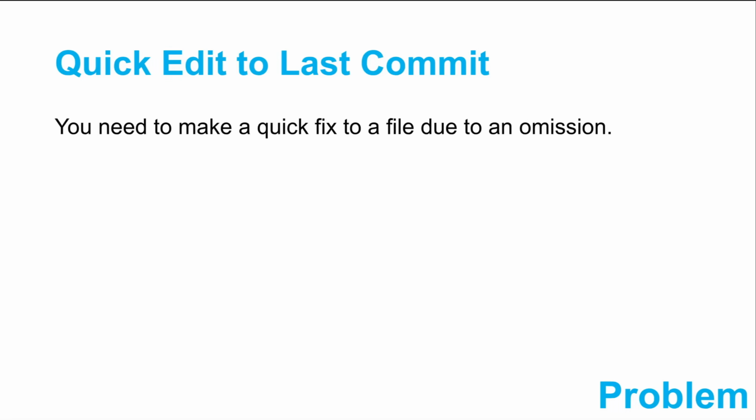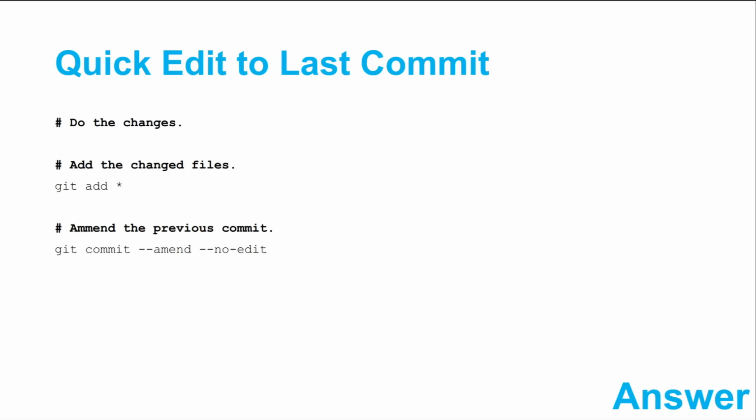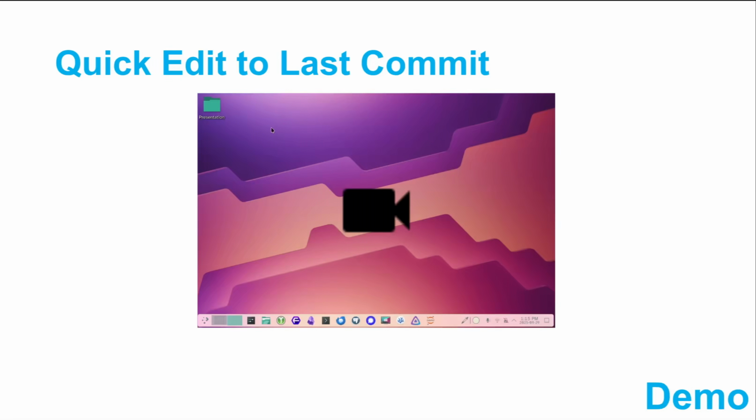All right. So say you made an error or one more thing for that last commit that you worked on. How do you do that? Well, it's kind of obvious from the last one, but you can do an amend commit. So you add the file, you do amend commit. Really easy.